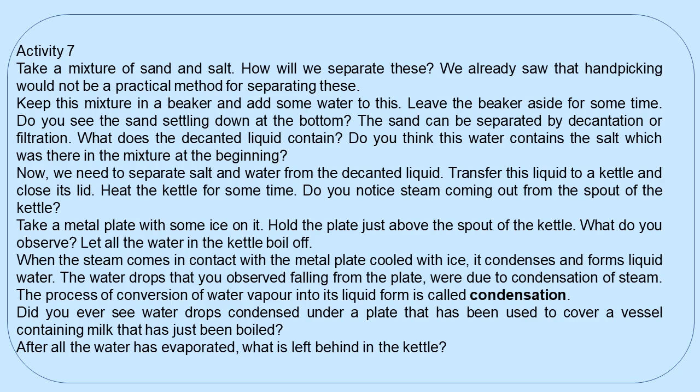So the process by which water vapor is converted into liquid form is called condensation. Did you ever see water drops condensed under a plate that has been used to cover a vessel containing milk that has just been boiled? Yes, you have seen, I hope.